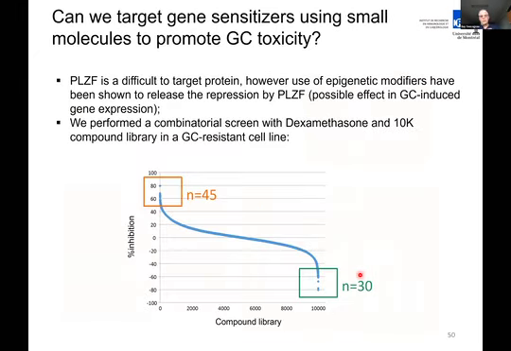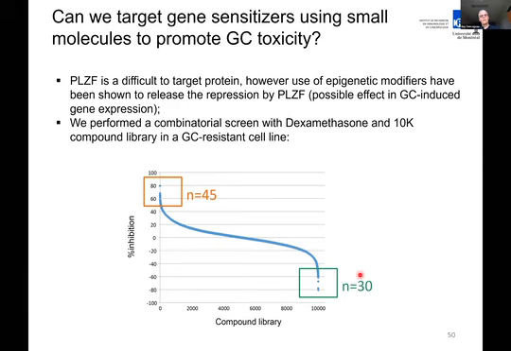Now, the third approach: the question was, can we target gene sensitizers using small molecules to promote glucocorticoid toxicity? I'm not sure I like the word toxicity, but let's say maybe monocytic differentiation or maybe apoptosis. As you know, PLZF is a difficult protein to target. However, epigenetic modifiers have been shown to release the repression by PLZF.